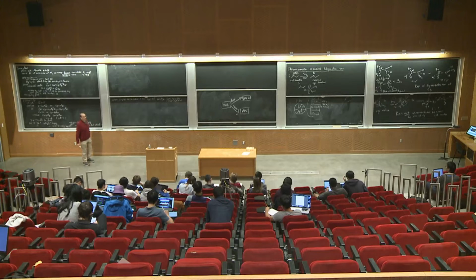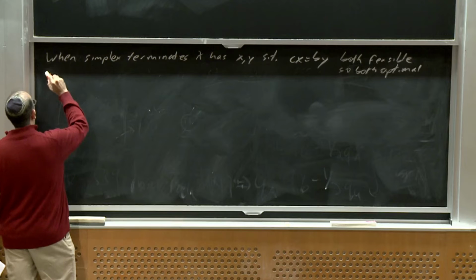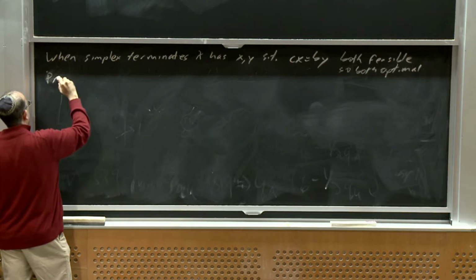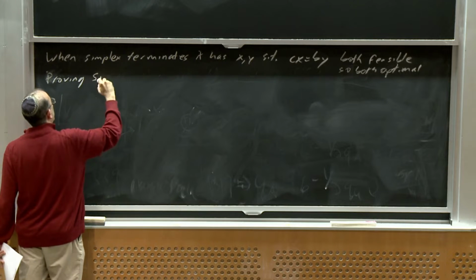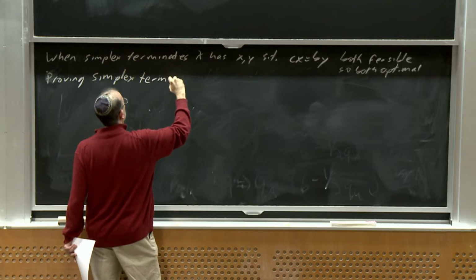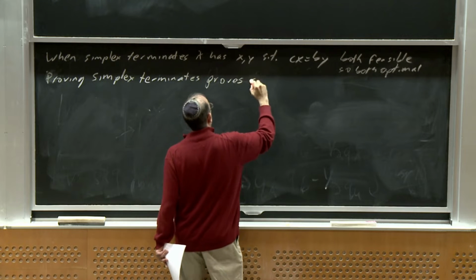What's interesting about this is that it means that the simplex algorithm is actually a way to prove strong duality, okay? So proving that simplex terminates proves strong duality.